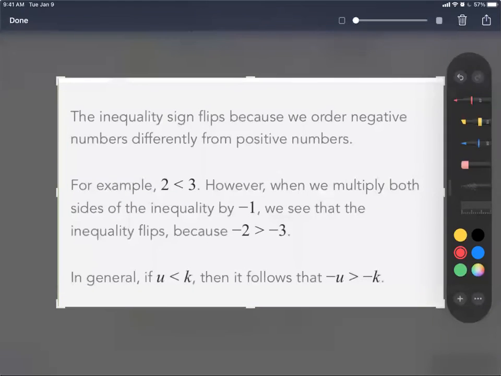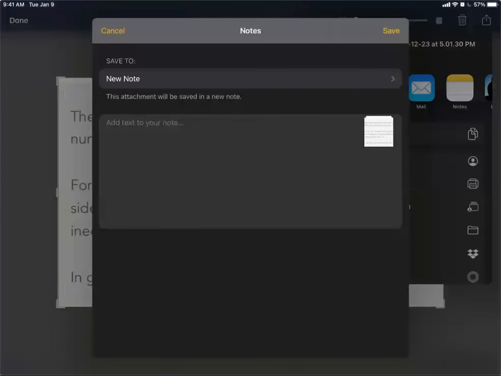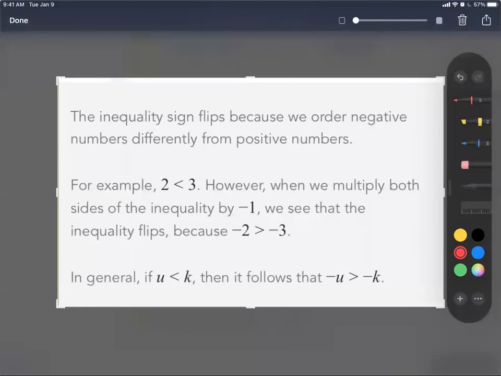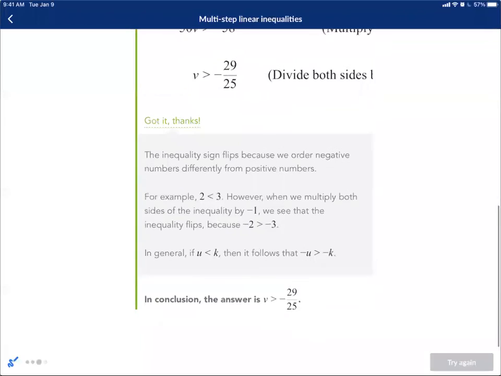Let me put this in my inequality Khan Academy notes. Almost done. Okay, and we can do the screenshot. I have it. So that's basically what that is.